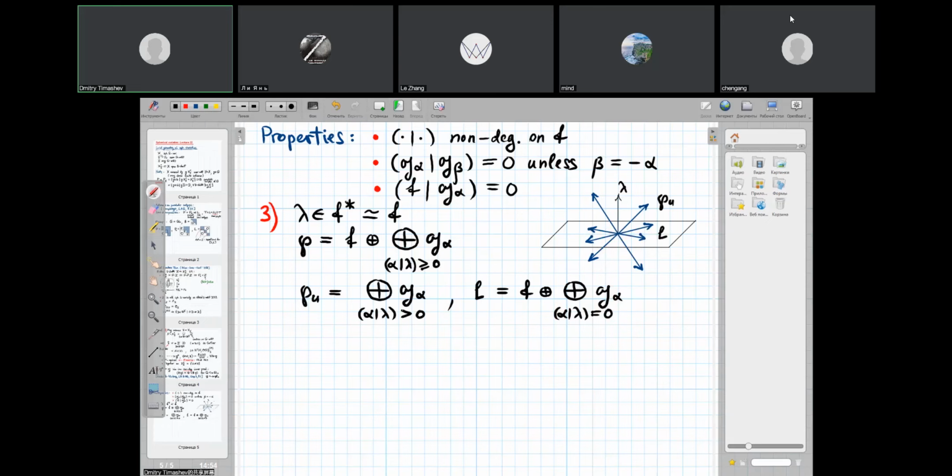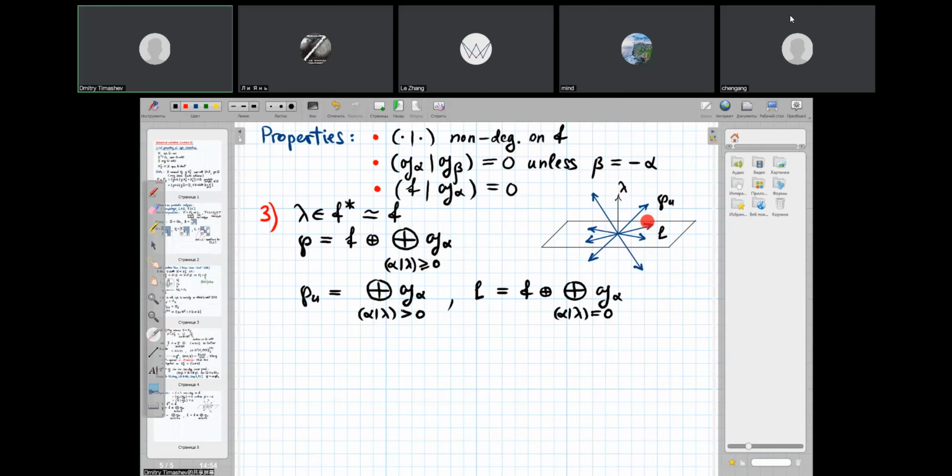In particular, all roots corresponding to P_U are positive roots. But not all positive roots correspond to P_U. Some positive roots correspond to L. For instance, we may take another hyperplane which separates these four roots from these four roots.